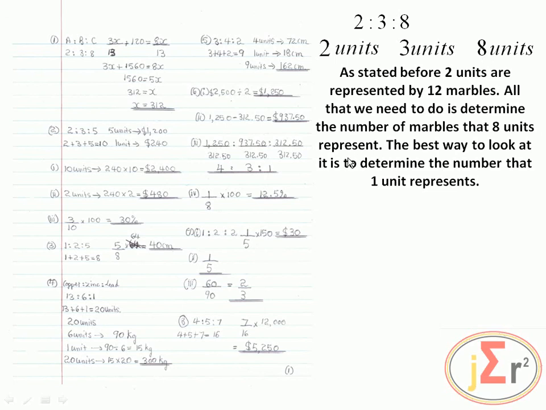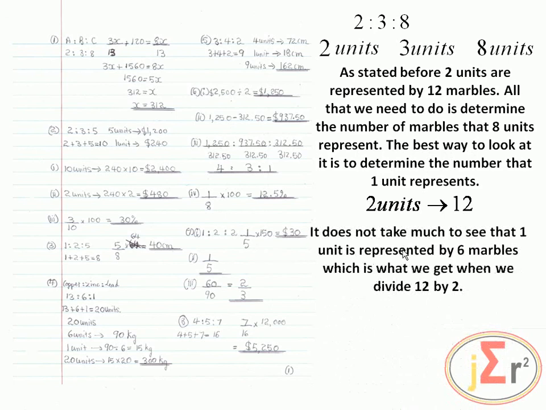Just agreeing with the statement that we have here, the best way to look at it is to determine the number that 1 unit represents. So let's go ahead. 2 units, 12 marbles.